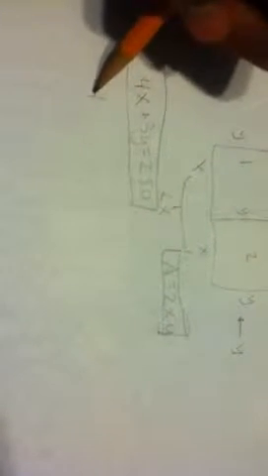The first thing we have to do is solve for Y in our perimeter equation. So 4X plus 3Y equals 250. Subtract 4X from both sides and divide the equation by 3.